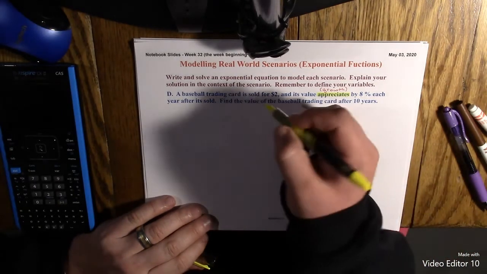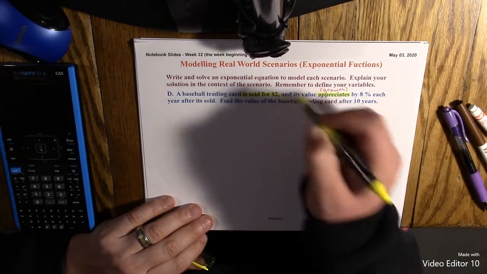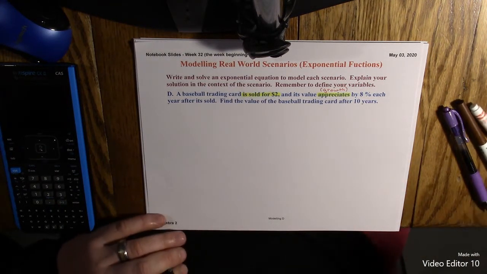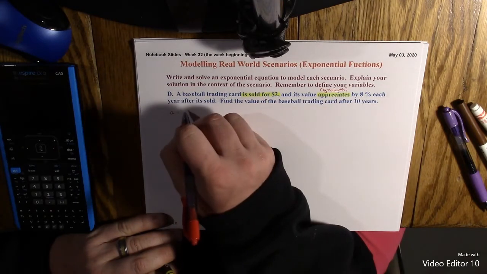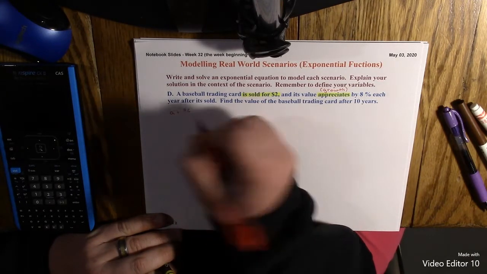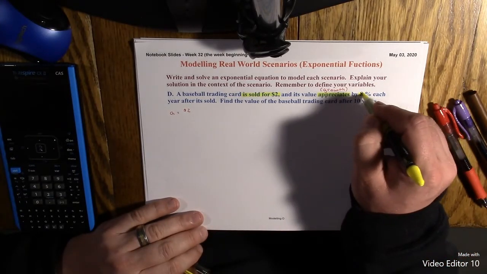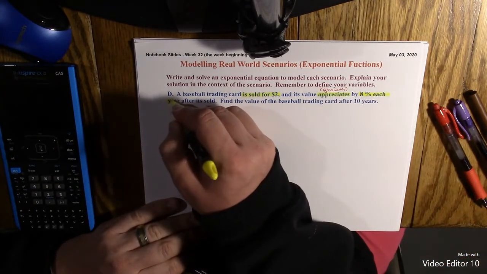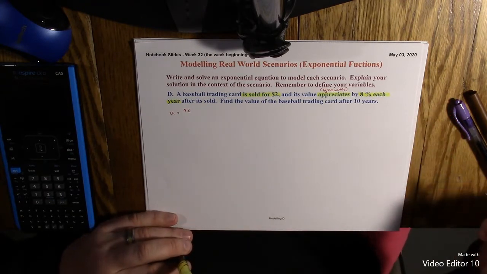We know that it was sold. Baseball card is originally sold for $2. So our initial value will be $2. And we know it's appreciating 8% each year. So it's increasing in value 8% each year.